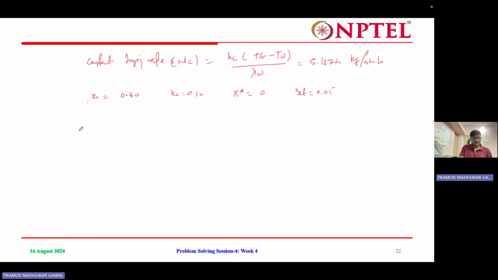First calculate tc, equal to Ws by A into Nc, times Xi minus Xc.